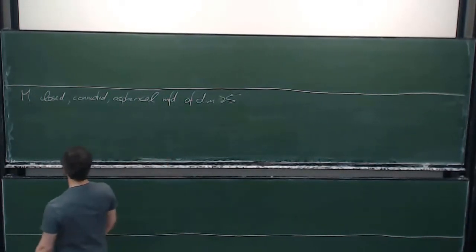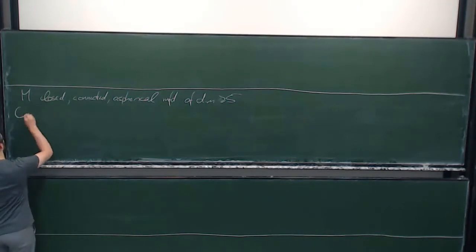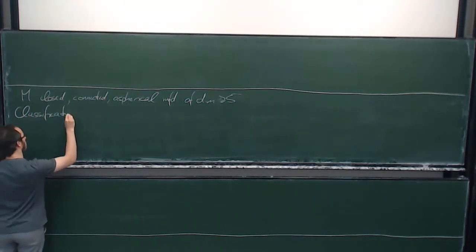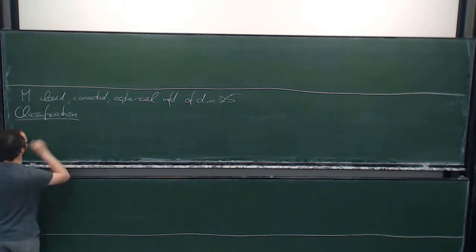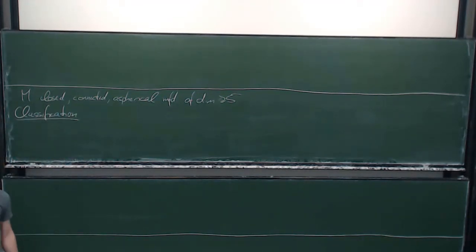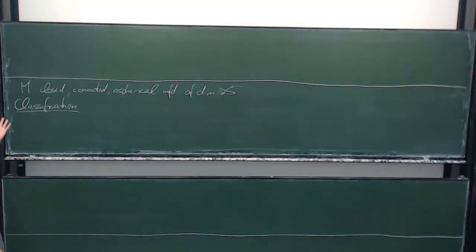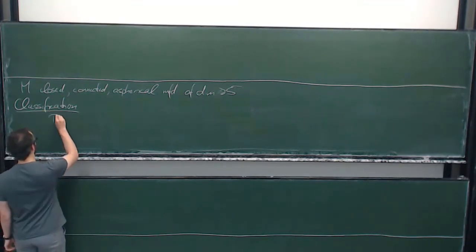And the first question that people cared about or studied intensively in surgery theory was the classification of manifolds. Now for aspherical manifolds, there's a very prominent and long-standing conjecture, namely the Borel Conjecture, which tells us that we expect these sort of manifolds to be topologically rigid in the following sense.